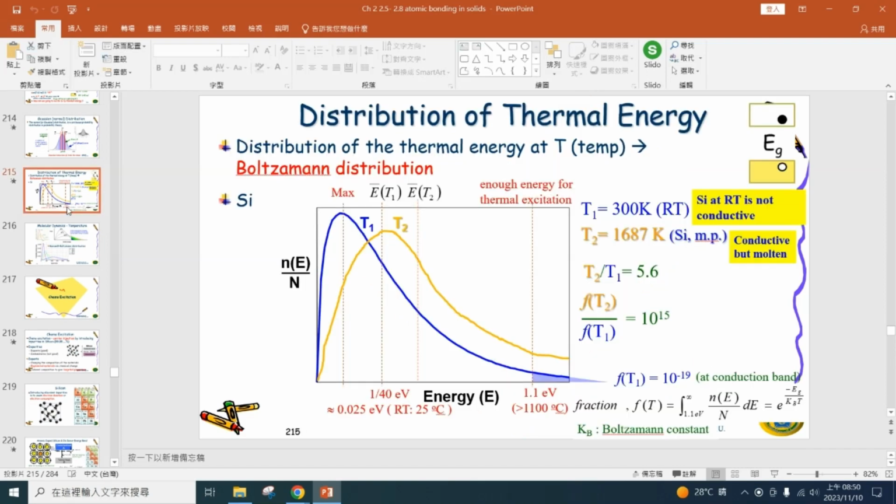At the end of the lecture on Wednesday, we learned that thermal energy follows a Boltzmann distribution for the molecules.